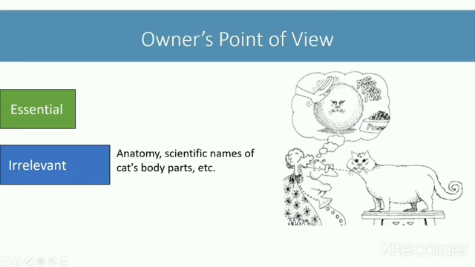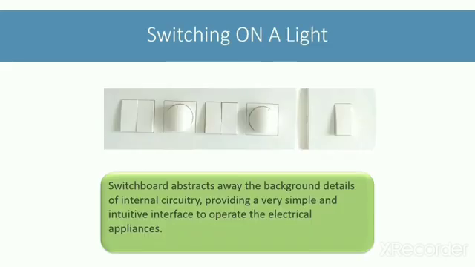There were two core parts in the definition of data abstraction. We have already looked at and understood the essential features part. Let's now try to understand hiding the background details part with the example of a switchboard. How do you switch on a light or fan in your room?